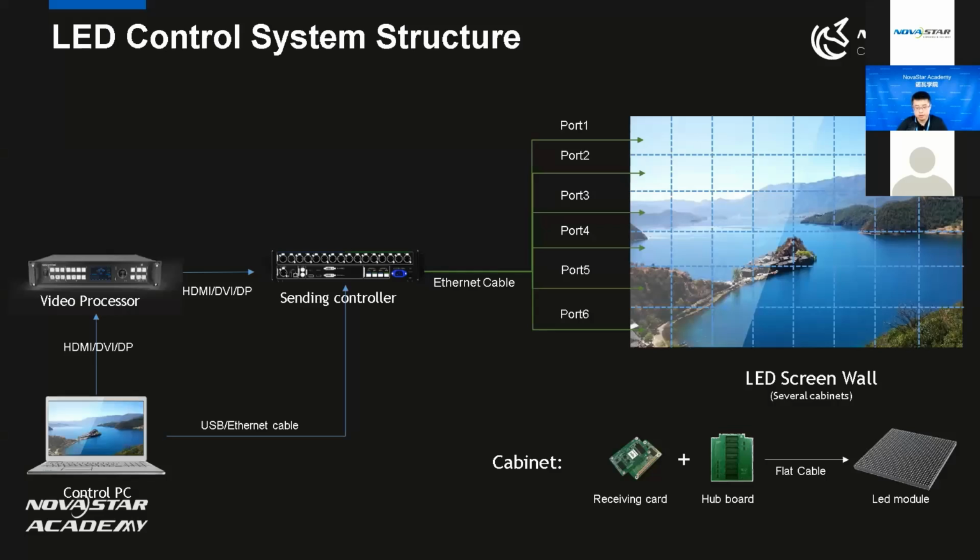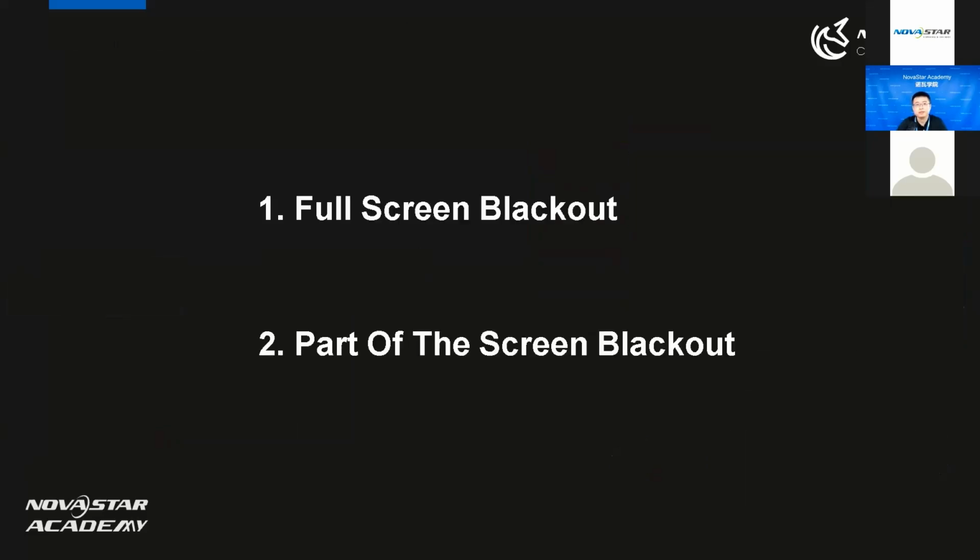We have a control PC, sending card, video processor, LED screen, receiving card, hub board, LED module, and Ethernet cables and video cables. All these factors could be the reason for blackout issue. We need to do the troubleshooting step by step.